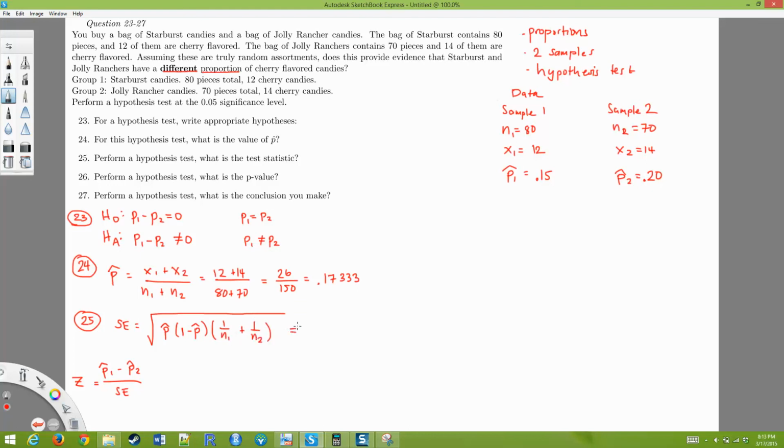So if we plug in numbers here, 0.1733 times 1 minus 0.1733 times 1 over 80 plus 1 over 70.